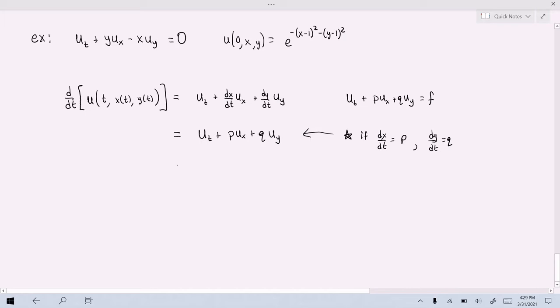And so if u were a solution to this PDE, then all of this we could say would equal f. Here I'll emphasize f would be evaluated along this curve, x of t, y of t.